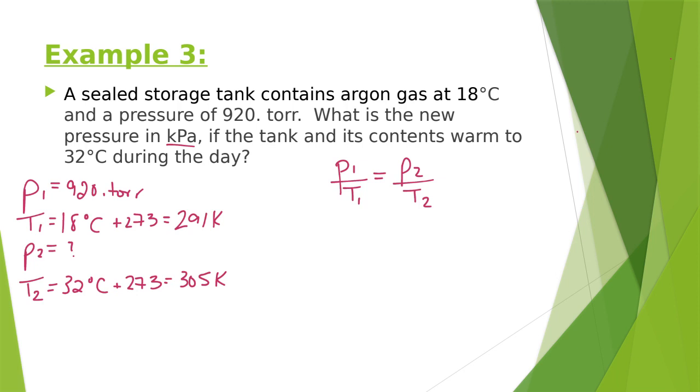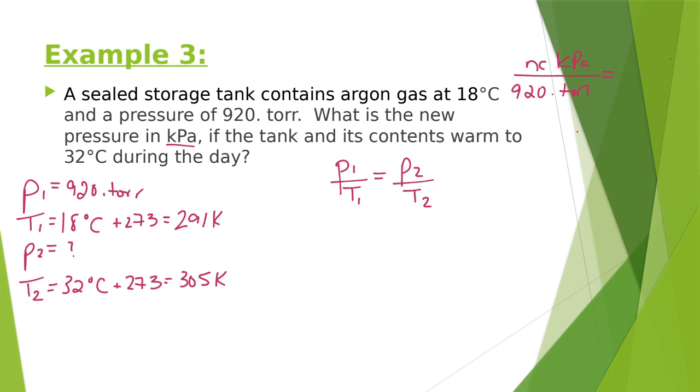So you got an option here. You can either convert to kPa at the end of this calculation, so you can solve for P2, it'll be in torr, convert then, or you can convert now. It's up to you. I tend to convert now. So off to the corner over here, I am going to convert. I know I need a unit in kilopascals. I know that I'm dealing with 920 torr.